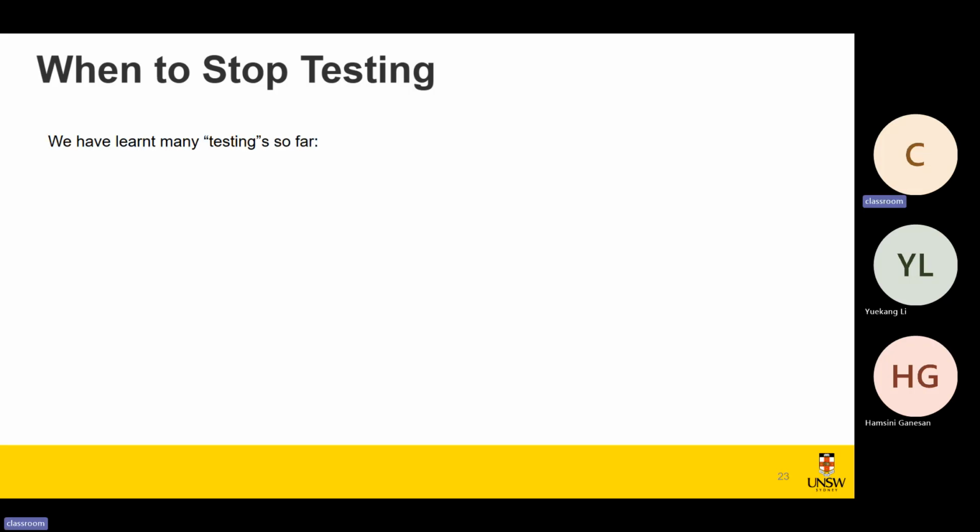So we have learned many testing techniques so far. We learned functional testing, right? Black box testing is all about how we divide the input space. We can use boundaries to divide, we can use equivalence classes to divide the input space, and we can use the cause and effect relations to divide the input space.